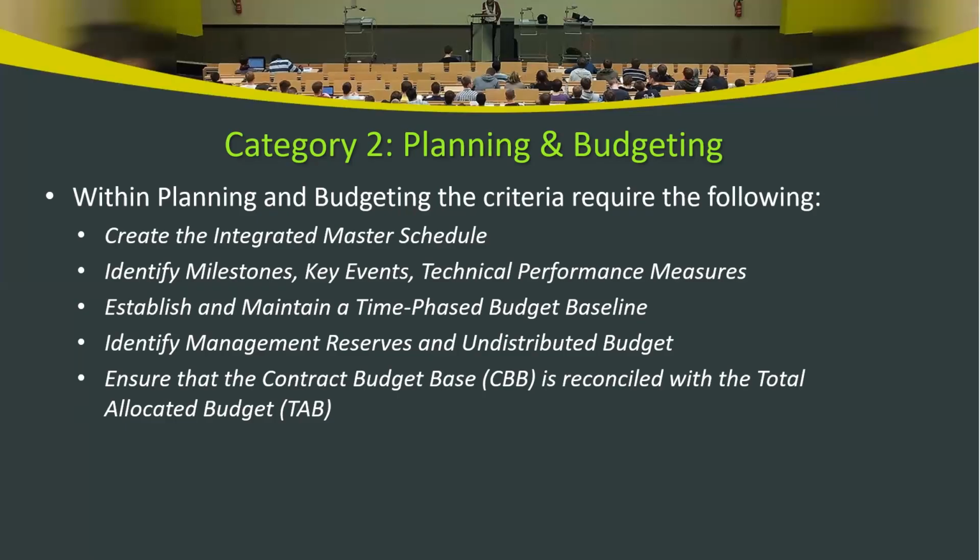Fourth one is about identifying management reserves and undistributed budget. This involves recognizing portions of the budget set aside for unforeseen tasks in the form of management reserves, and funds not yet allocated to specific tasks, which we call undistributed budget.